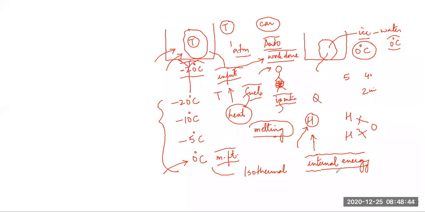And here, this heat is not increasing the internal energy during the melting or fusion, and also during the vaporization. During vaporization also, when there is a phase change from liquid to gas, the heat is again trying to break the bonds further.